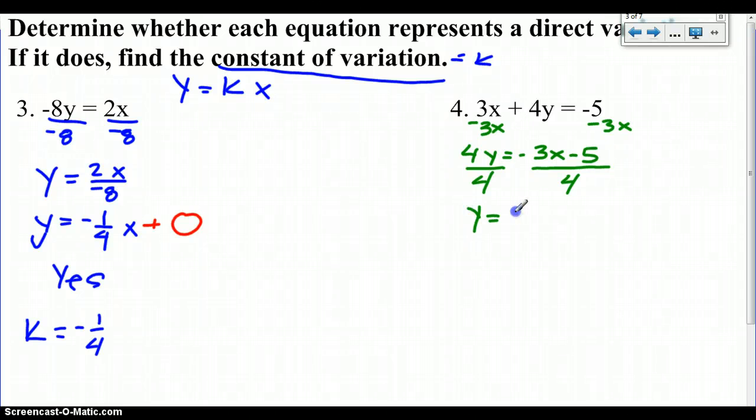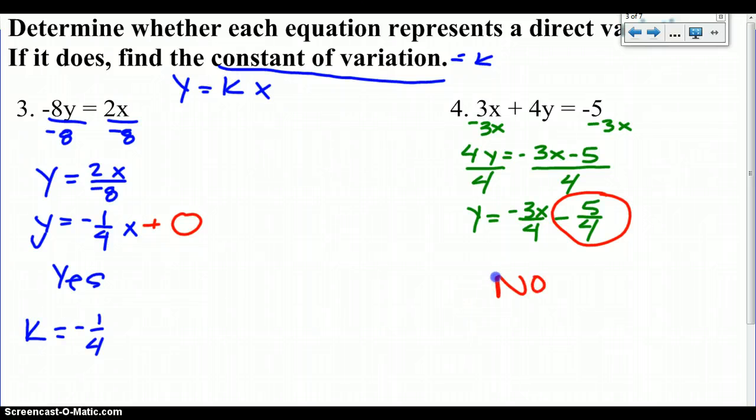So y would equal -3x over 4 minus 5 over 4. And we have to ask ourselves, is this direct variation? When you look, in the form of y equals kx, it does not have a plus anything, but this one has a minus 5 over 4, so no, this is not direct variation. Okay? It has a y-intercept, so you cannot have direct variation.